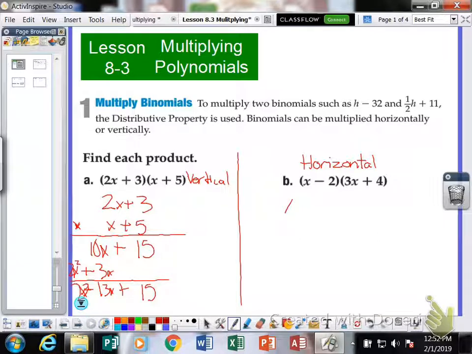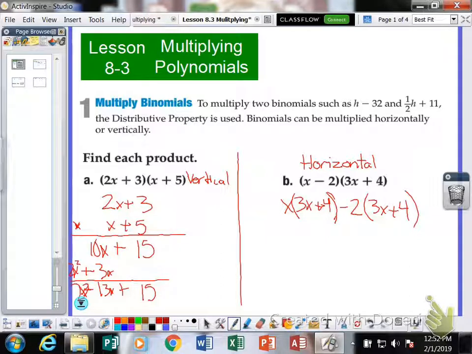So I have x times 3x plus 4, plus, not plus there, so we have a negative 2, minus 2 times 3x plus 4.